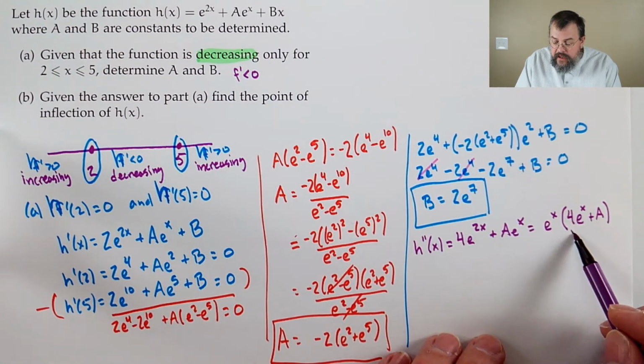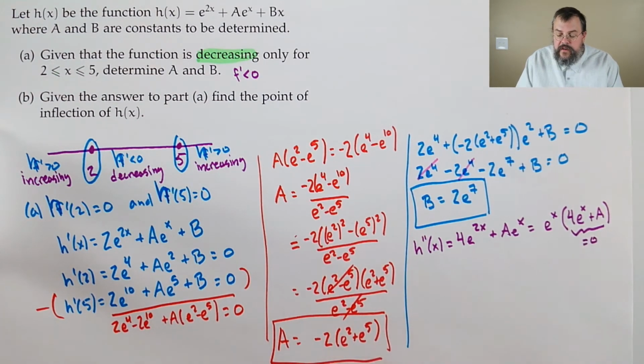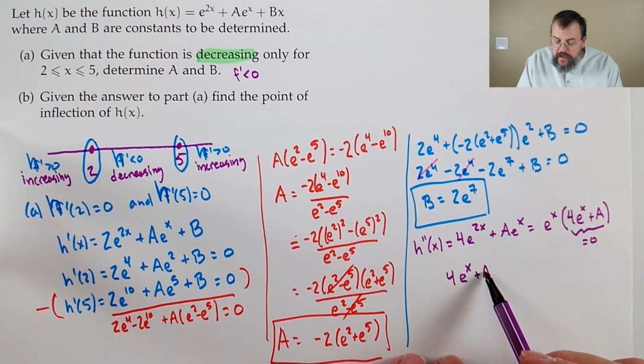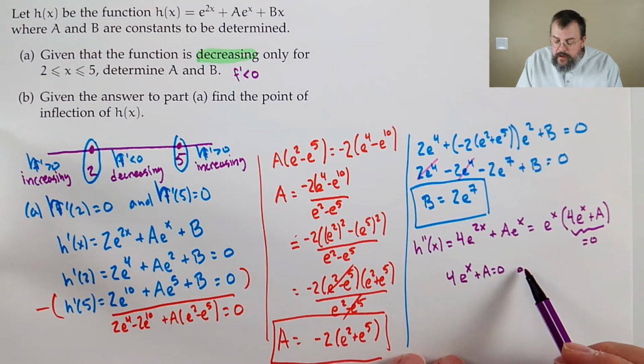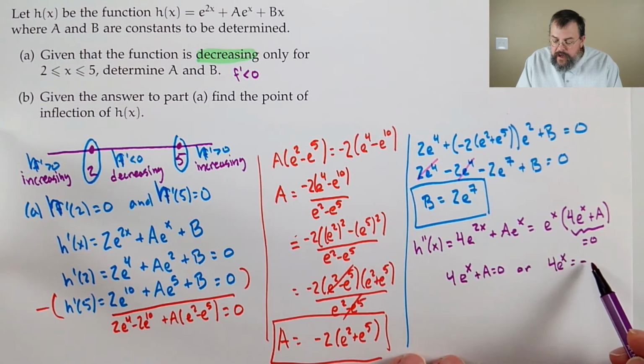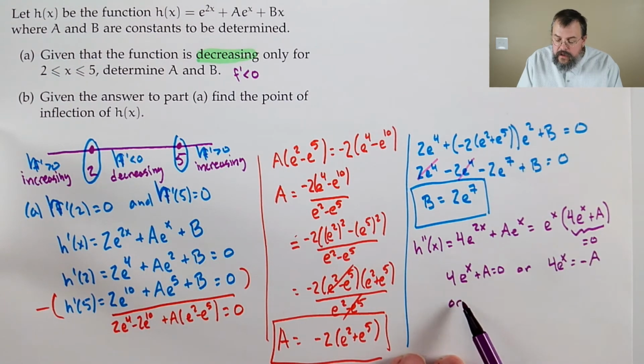So that says, hey, this is the part that has to equal 0. So we need 4e to the x plus a equals 0, or we could say 4e to the x is equal to minus a, or we could say e to the x is minus a over 4.